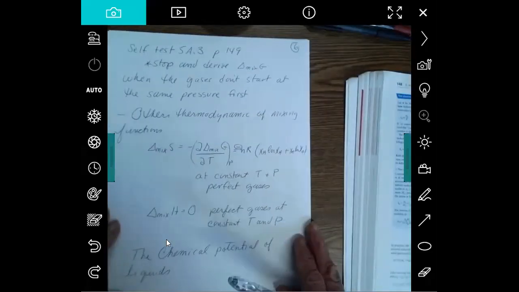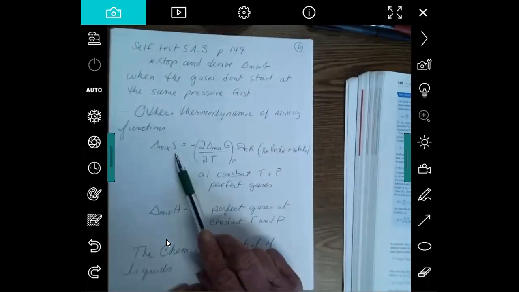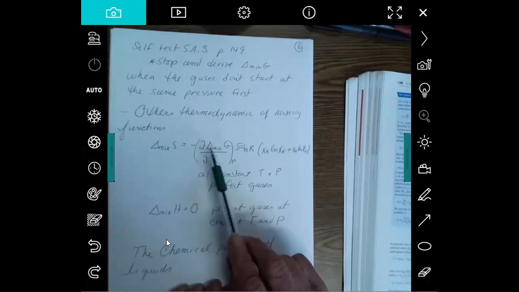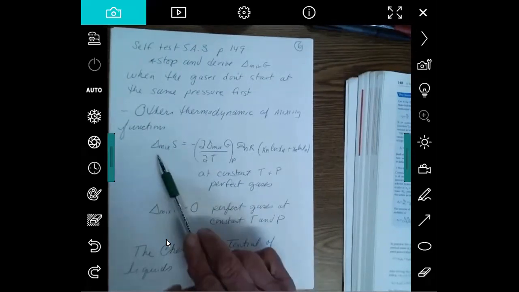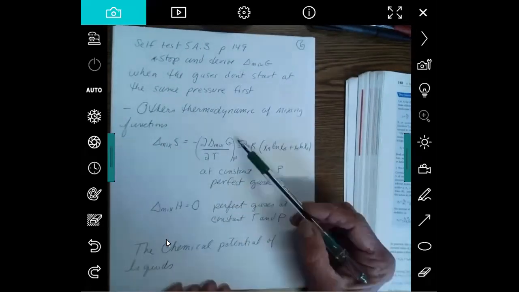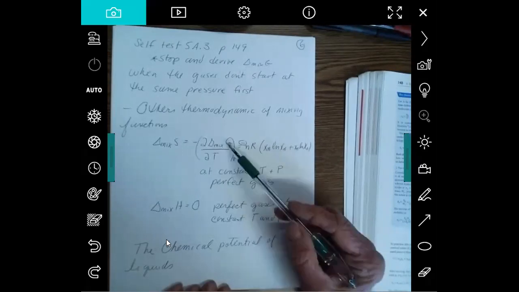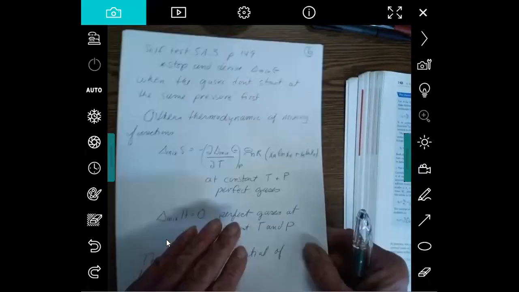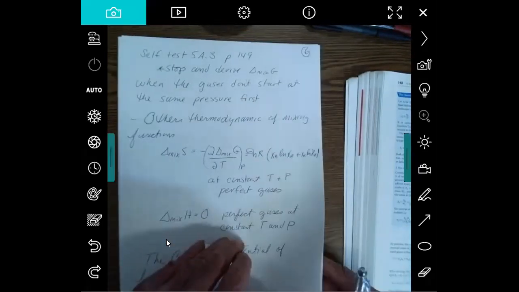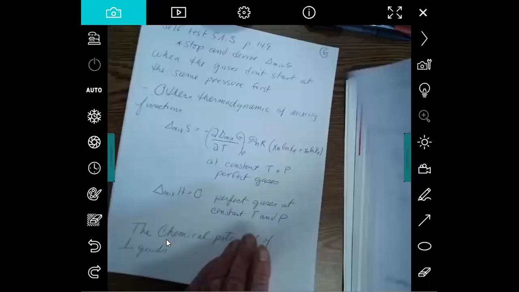So for other thermodynamics of mixing, we know that S is equal to negative dG/dT at constant P. So if I want to know what the delta S of mixing is, it is going to be just the negative derivative of delta G of mixing with respect to T. When you look at our equation, you will see that that's an easy derivative to take.